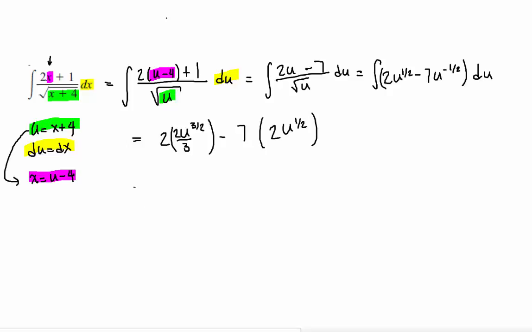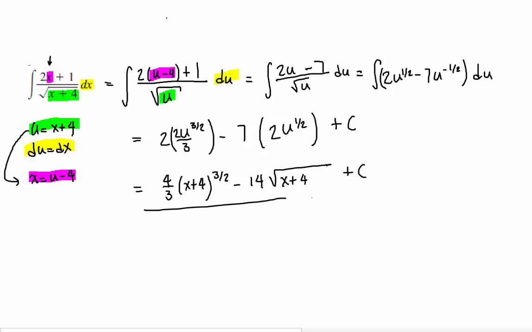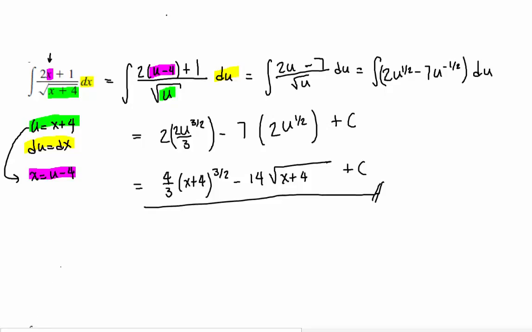And that becomes 4/3 of x plus 4, to the 3/2, minus 14 square root of x plus 4. Just u to the 1/2, plug in u, and then don't forget plus c. Ha, look at that, I forgot my plus c earlier. And there's your answer. So sometimes you have to do u-substitution and a little more tweaking, a little bit more algebra. So that can happen.